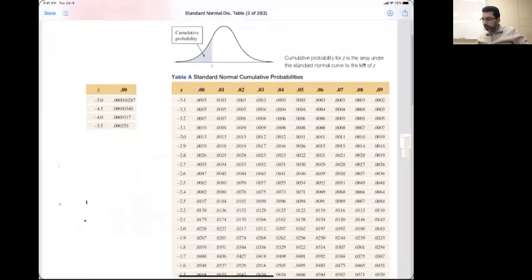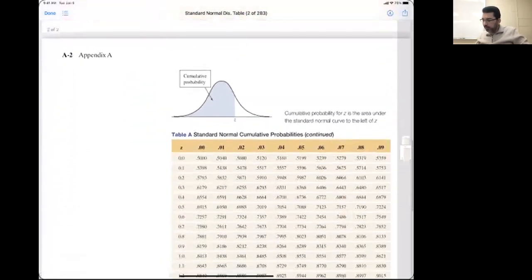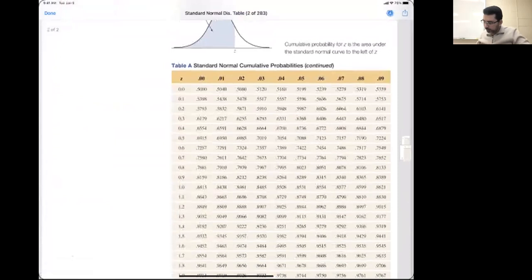So the first probability we need to find is the probability that z is less than 2.63. If you remember, we need to split this number into two numbers, 2.6 and 0.03.